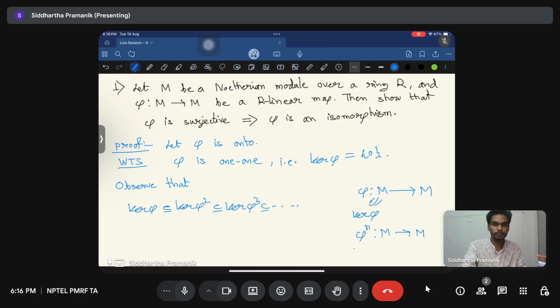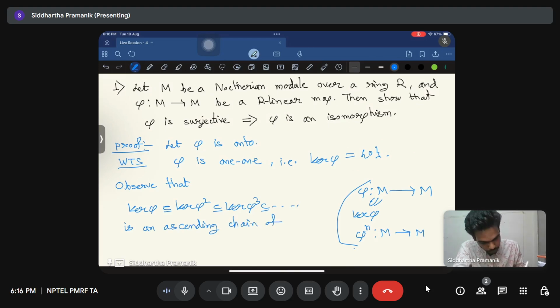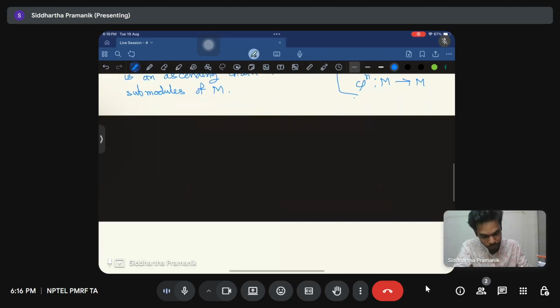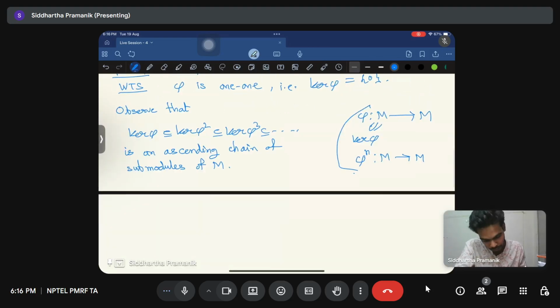So this is an ascending chain of submodules of M, but the module M is Noetherian, so this chain has to stabilize at some point.